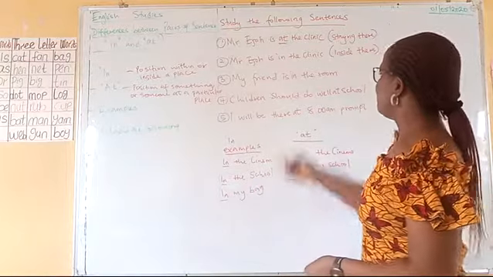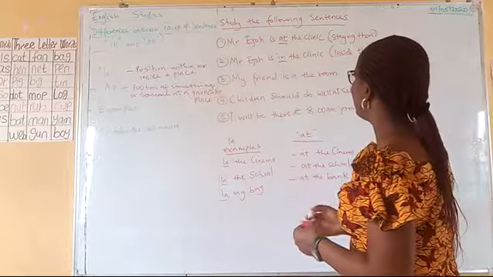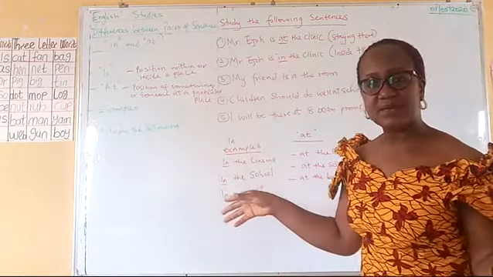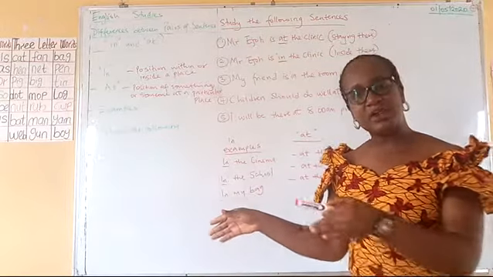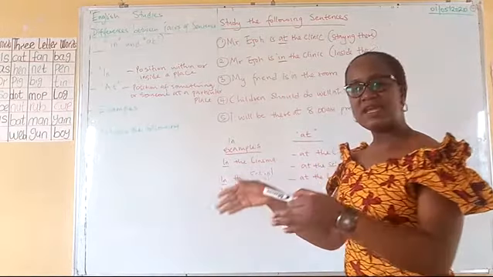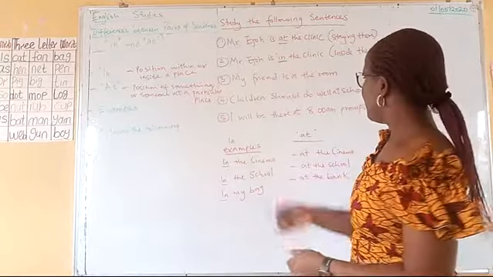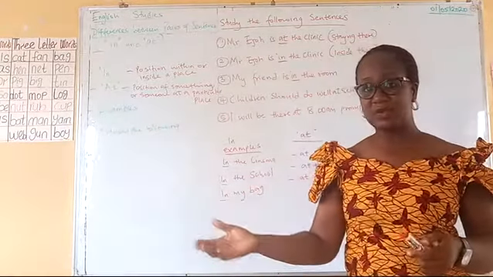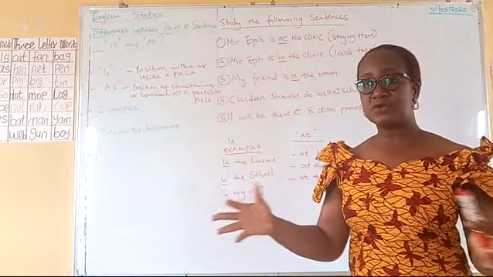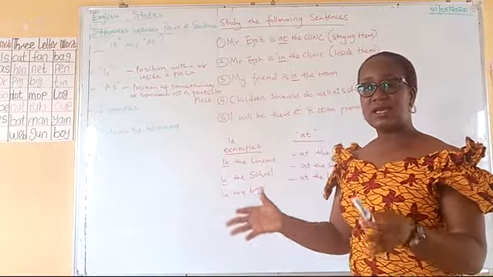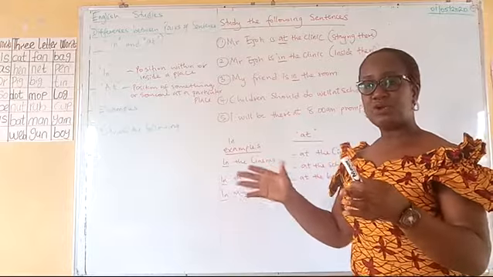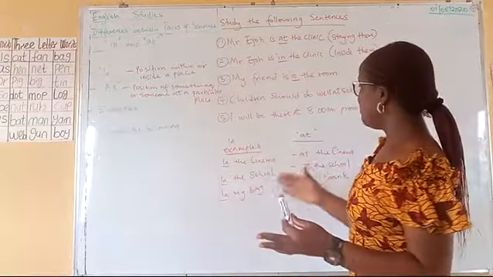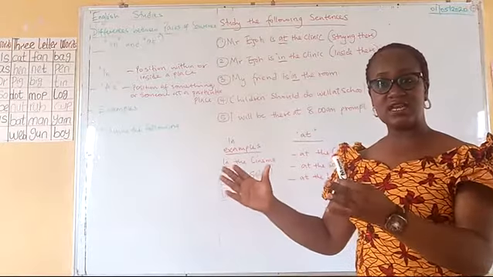The next one we have: my friend is in the room. Your friend is not outside the room. Your friend is not beside the room. Rather, your friend is in the room. When we are referring to at again, I want to remind us, we are talking about the position of that person in a particular place at that particular time. So in this case, if we were to use at, it could be that my friend is staying in the room.